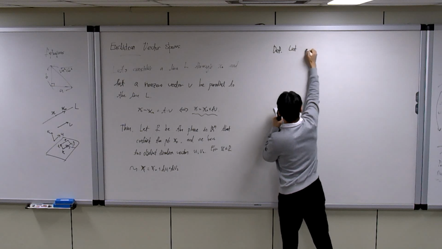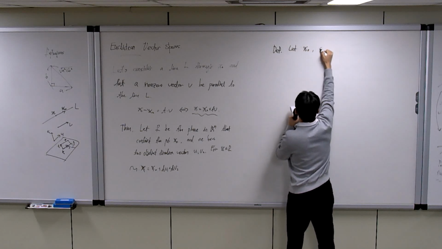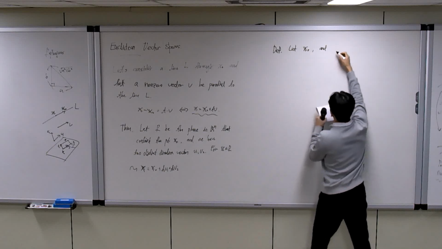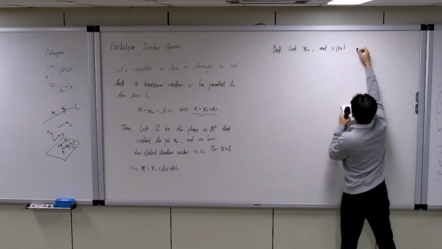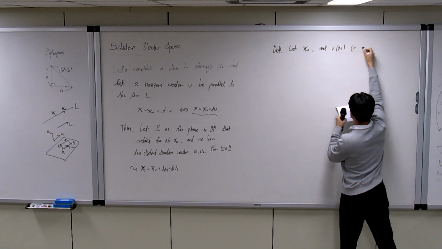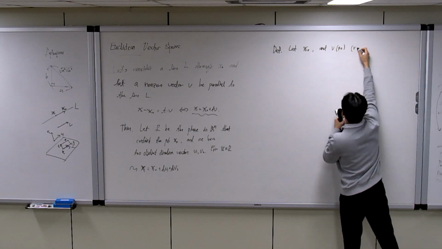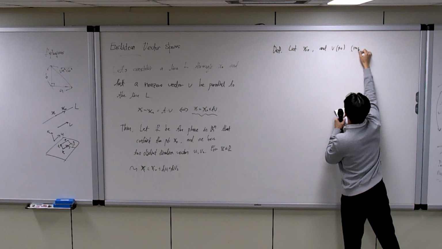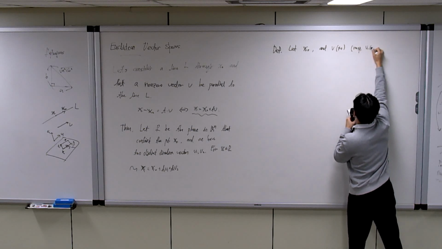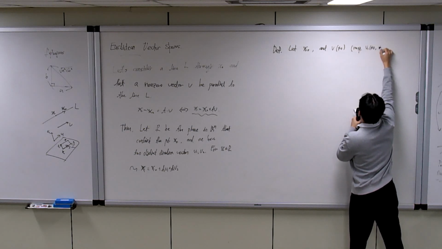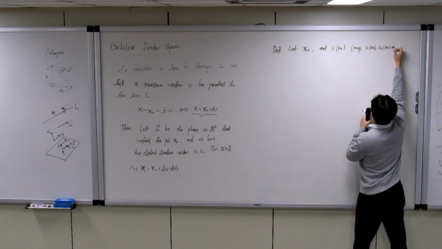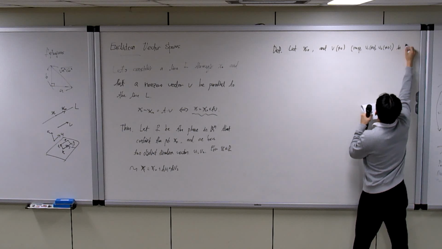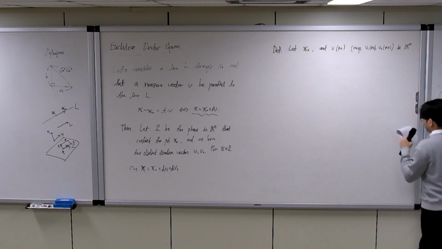Let x0 and a non-zero vector v, or in the plane case respectively, we will give non-zero vectors v1, v2 in R^n.